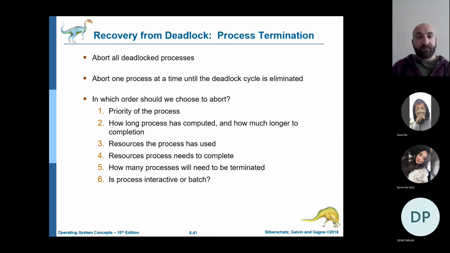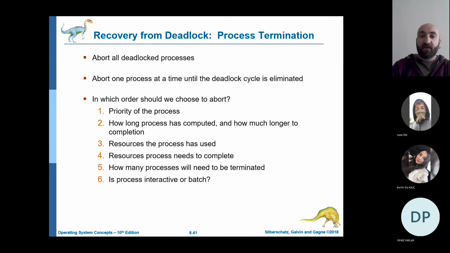When a detection algorithm determines that a deadlock exists, several alternatives are available. One possibility is to inform the operator that a deadlock has occurred and to let the operator deal with the deadlock manually. Another possibility is to let the system recover from deadlock automatically.